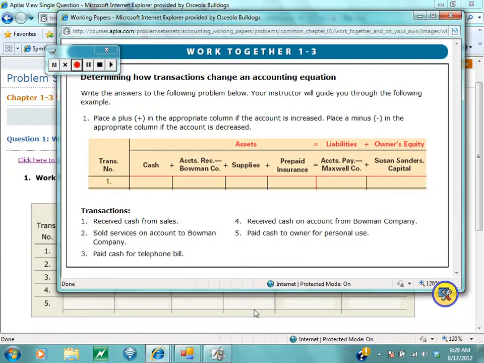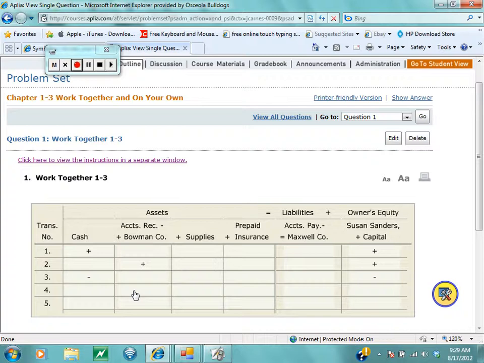The next transaction says received cash on account from Bowman Company. In other words, they are paying part of their bill that they charged earlier. So we received cash, it went up, and the amount that Bowman Company owes us went down.